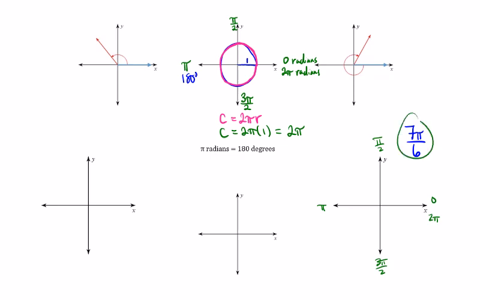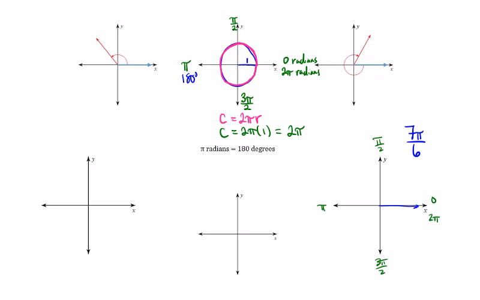So this is less than 2 pi, so we don't have to go past 2 pi. I'm going to start on the initial side and go counterclockwise. And 7 pi over 6 is more than 1 pi, less than 3/2 pi, so it's going to be somewhere in this third quadrant here. 7 pi over 6 is closer to pi than it is to 3 pi over 2, right?